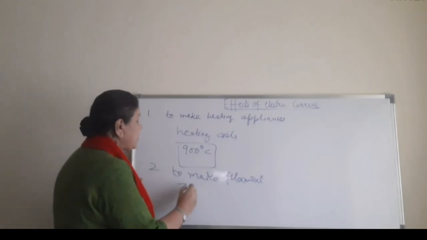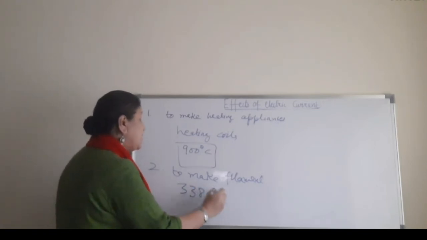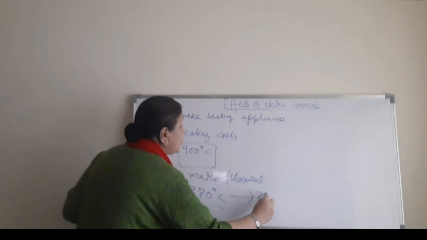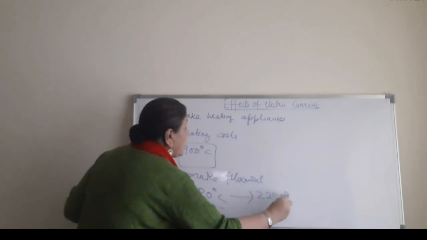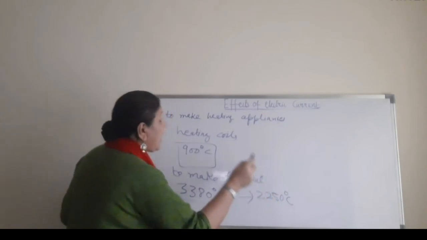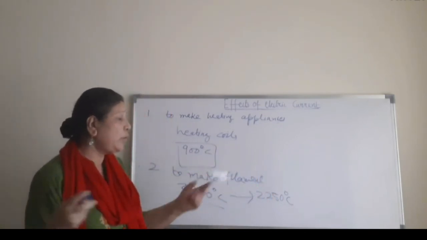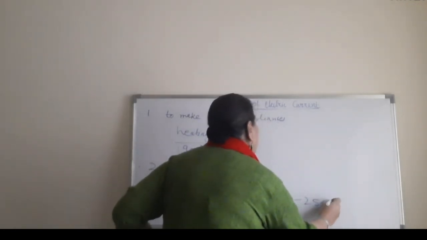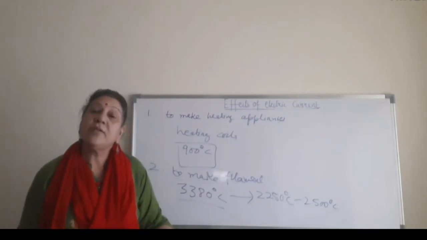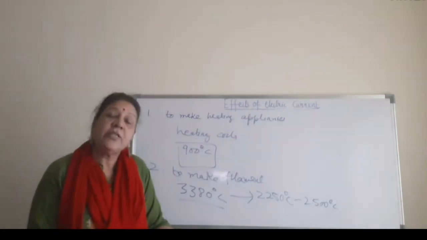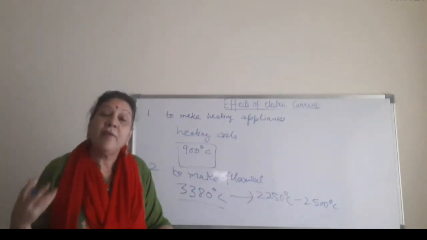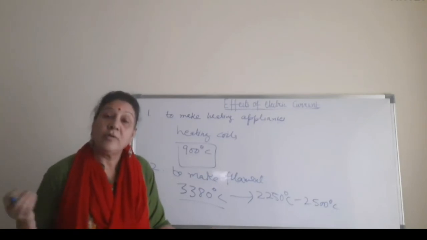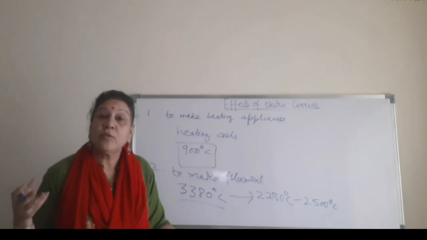Its melting point is around 3080 degrees C, and it starts glowing at around 2250 to 2500 degrees C. Electric energy heats up the filament, and then it glows and gives you light energy.